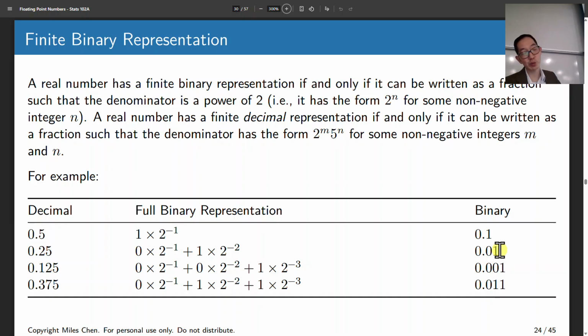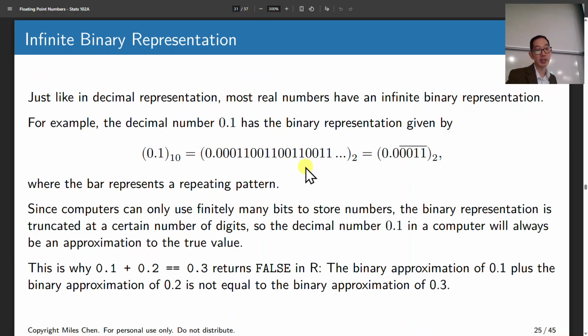No halves and 1/4. 3 positions to the right of the binary point would be 1/8, 0.001. And then 0.011 would be 1/4 and 1/8, or 3/8. So 0.011 is equal to 3/8. In decimal, that would be 0.375. But basically, this is how we can represent fractional values in binary.